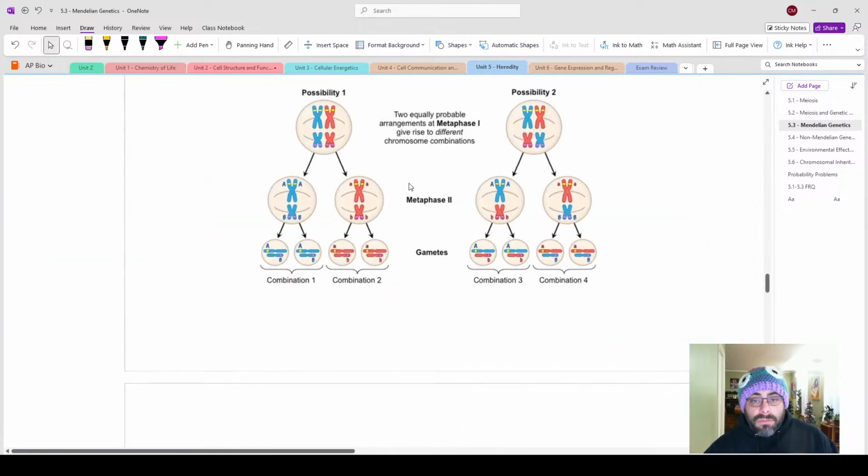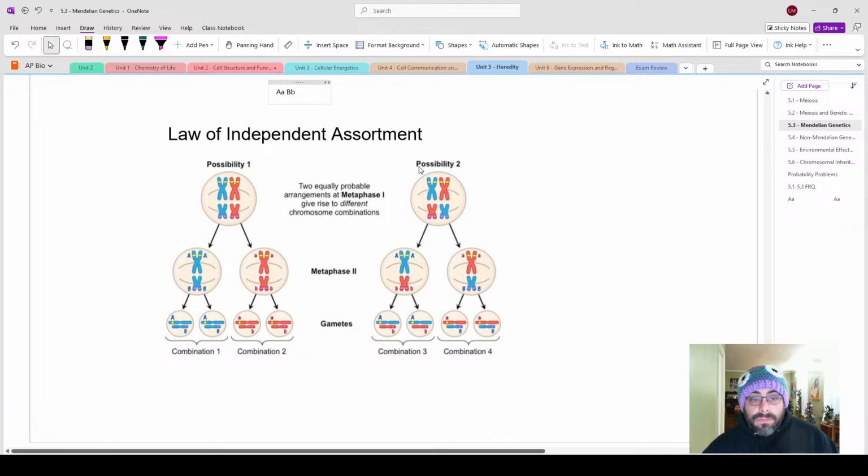Is it true? Sometimes it is true, but not always. And so that was where we got into the concept of linked genes. What if big A and big B are on the same chromosome? Then they are inherited together. They are not independent of each other, right? And so we'll talk about that, I'm sure.